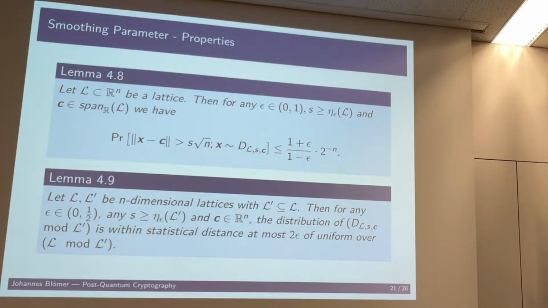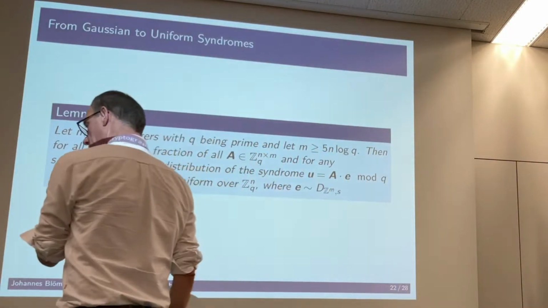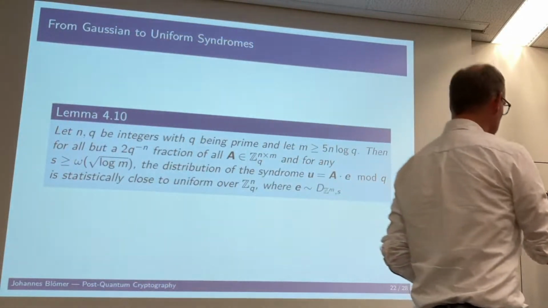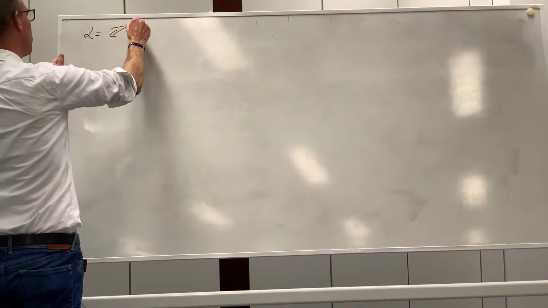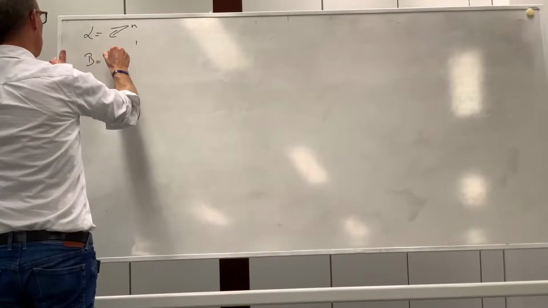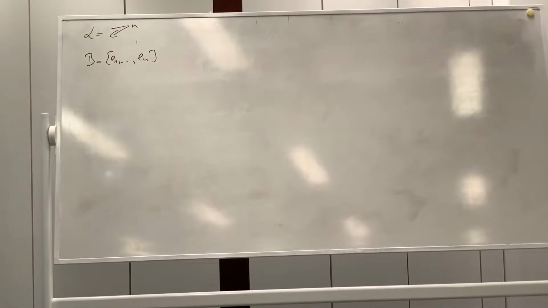Okay, and finally, we have the following thing here, and to do that, let me look at lambda L. Assume that it is Z to the n. Okay? A basis for this consists of the unit vectors.